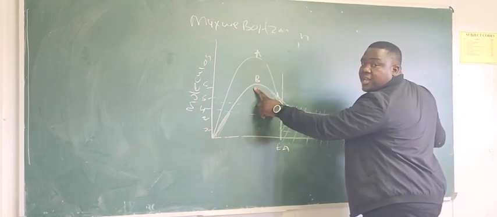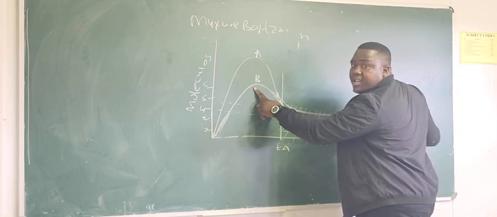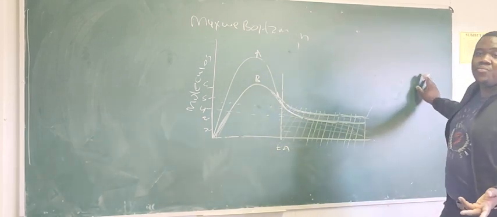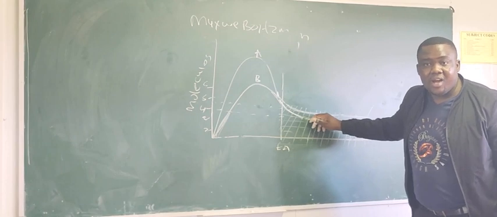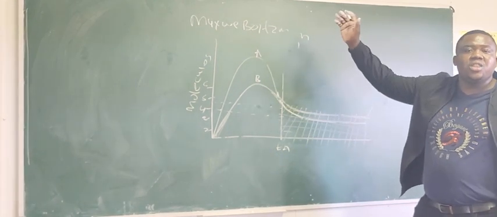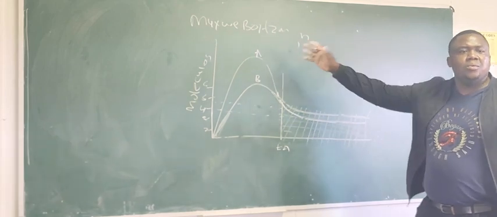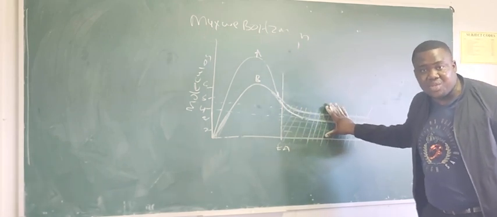Because at high temperature we've got many molecules with kinetic energy greater than activation energy. Which one was achieved at high concentration? B still. High concentration means there are many molecules with kinetic energy. Which one had an addition of a catalyst? The same thing. You understand what I'm showing you here?